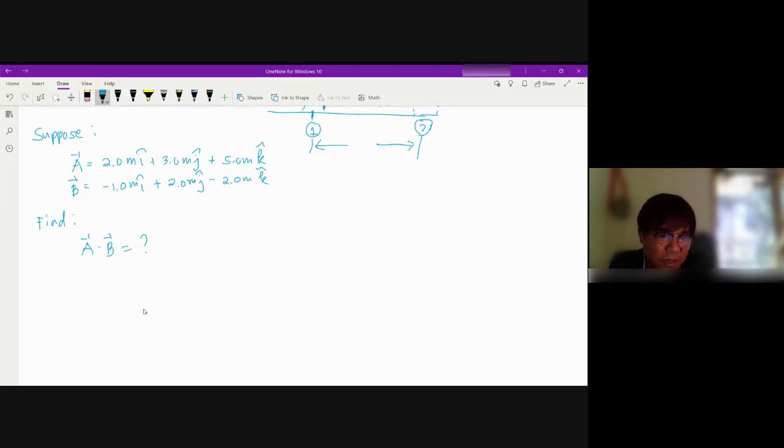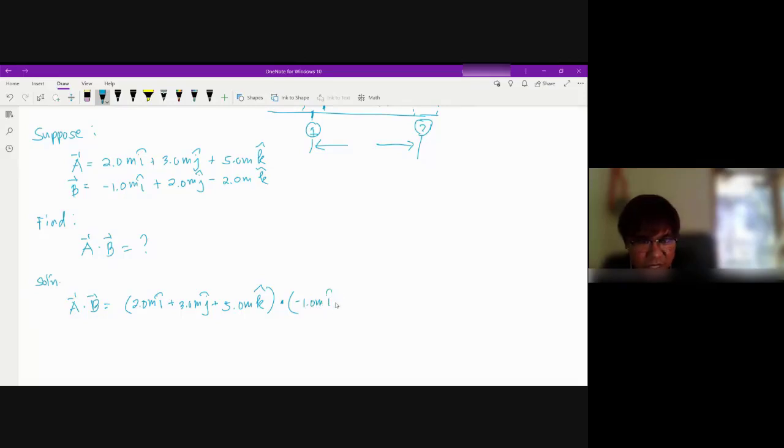So now, this is the problem. So your solution would be: A dot B is equal to, let me copy, 2 meters i hat plus 3 meters j hat plus 5 meters k hat, times, the scalar product, dot, negative 1 meter i hat plus 2 meters j hat minus 2 meters k hat.